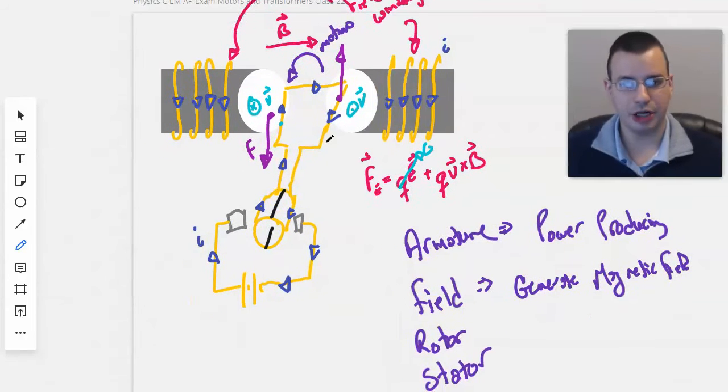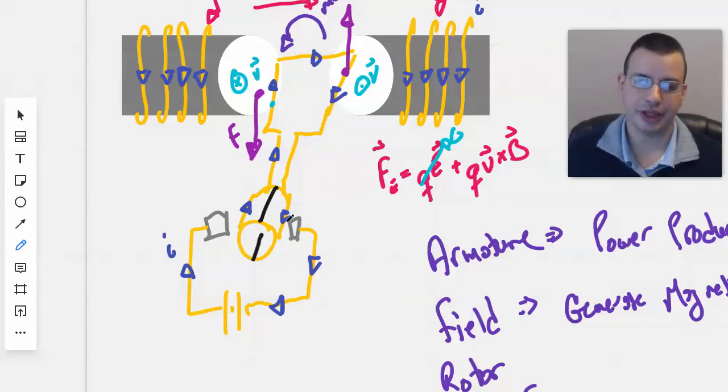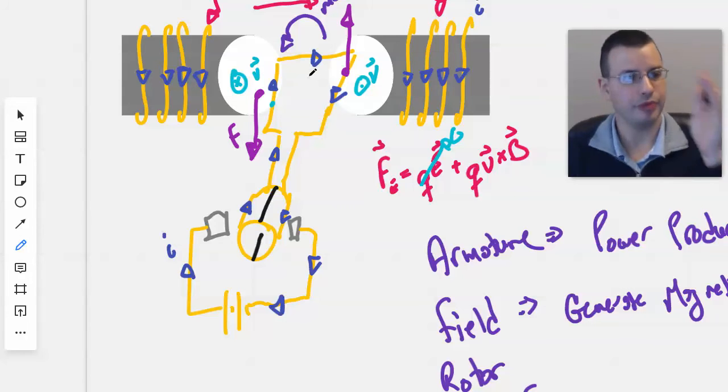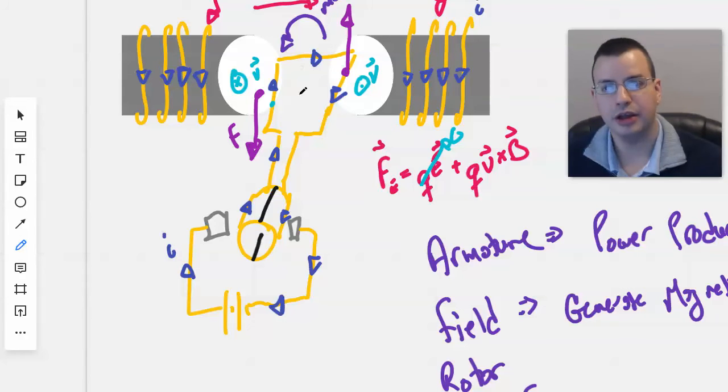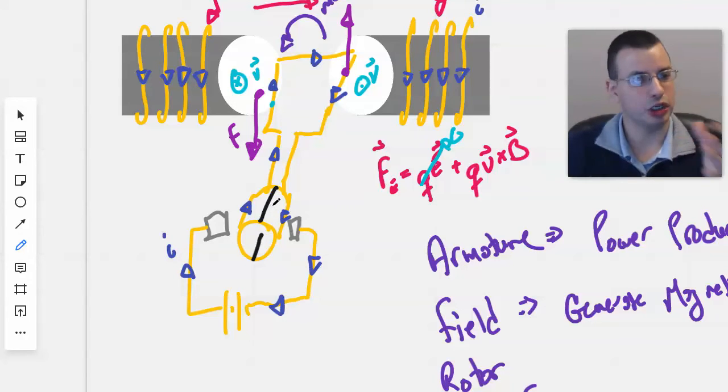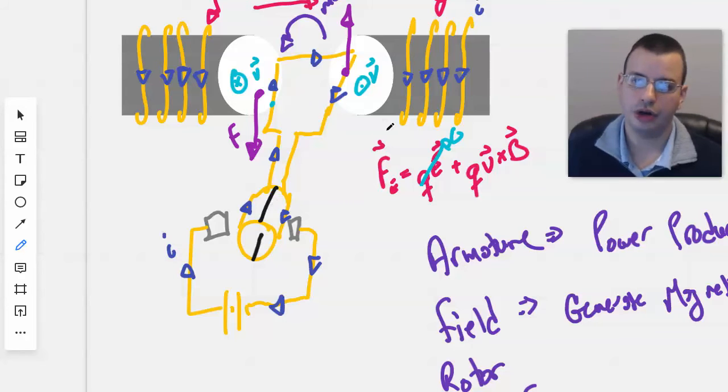One of the key parts is when this rotates and gets up to, let's say, halfway. When you have the loop towards the top, this break in the loop, the commutator if you will, causes the current to switch direction.